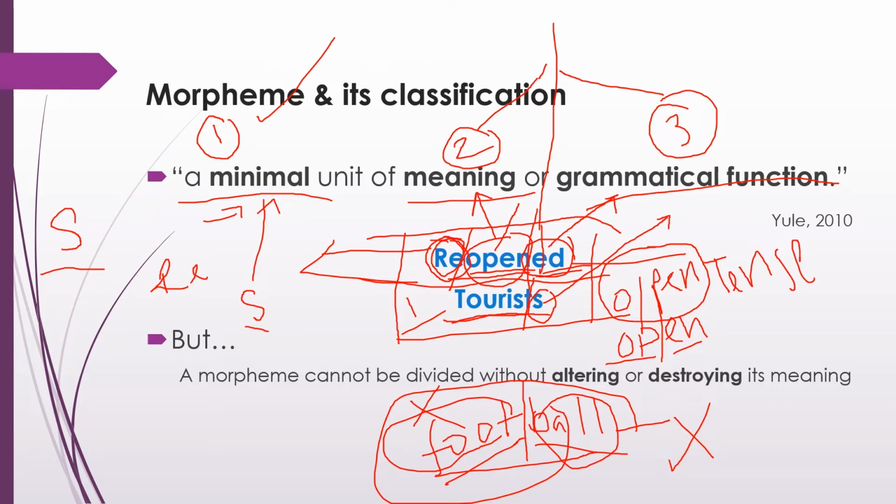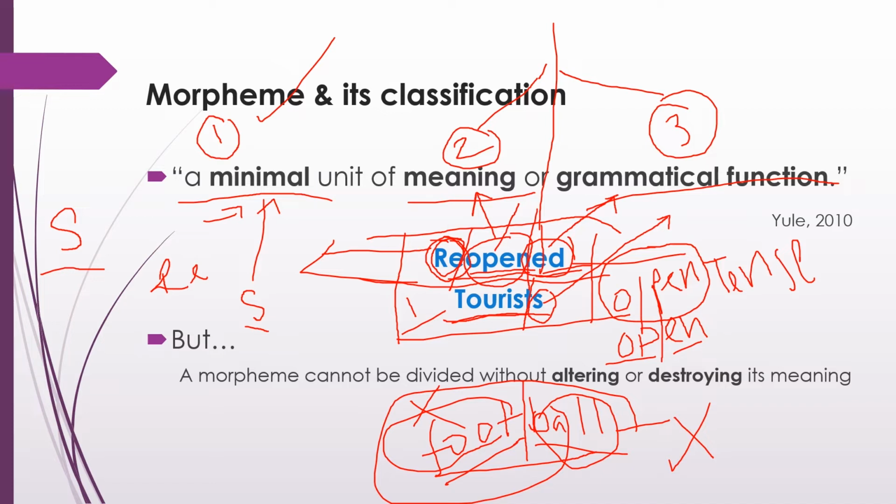But in this particular slide, you need to take two major pieces of information. Number one, in order to be a morpheme, the morphological unit should be a minimal unit. By referring to minimal, we mean the particular word should be only one, and if we separate this particular morphological unit, it will not carry the base meaning, it will have a different meaning, like foot and ball or o and pen.